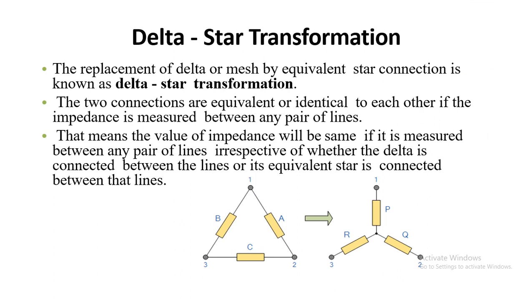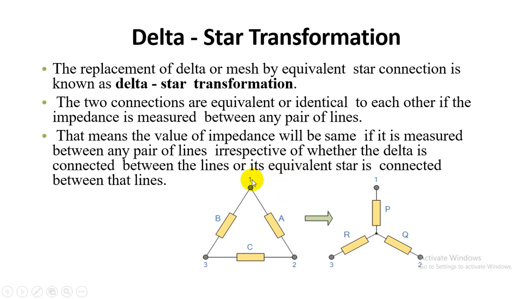The replacement of delta or mesh by an equivalent star connection is known as delta star transformation. Here we can see this one. The two connections are equivalent or identical to each other if the impedance measured between any pair of lines is the same. Suppose we are taking 1 and 2 in case of delta and 1 and 2 in case of star, that is what we call the pair of lines.